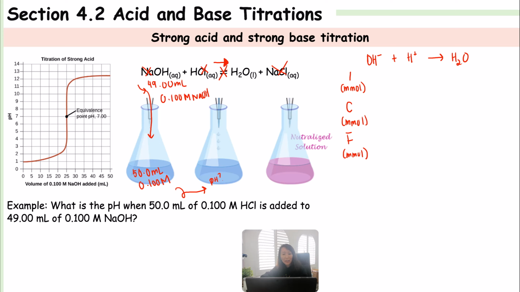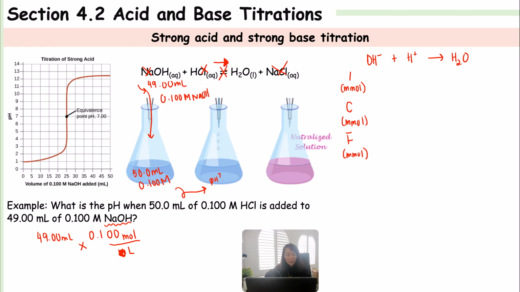So how do I find the millimoles of hydroxide? Let's talk about hydroxide first. You're going to multiply the 49.00 ml by 0.100 moles over liter. Molarity is moles over liter.